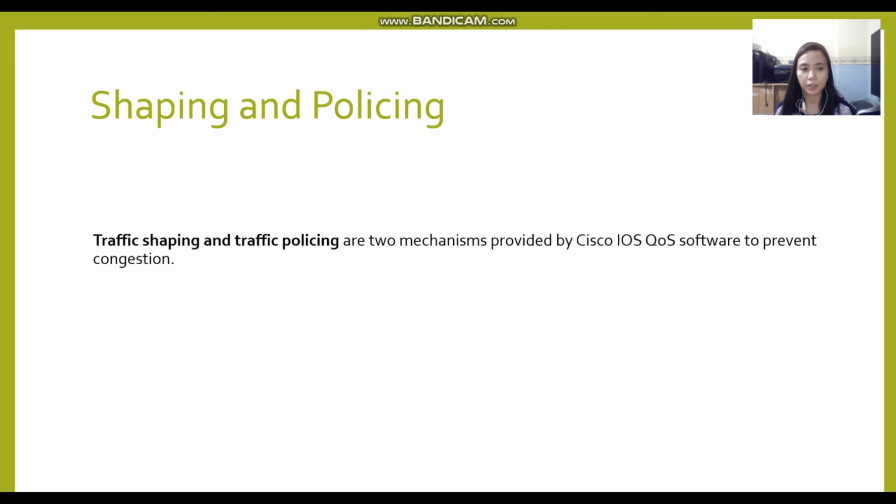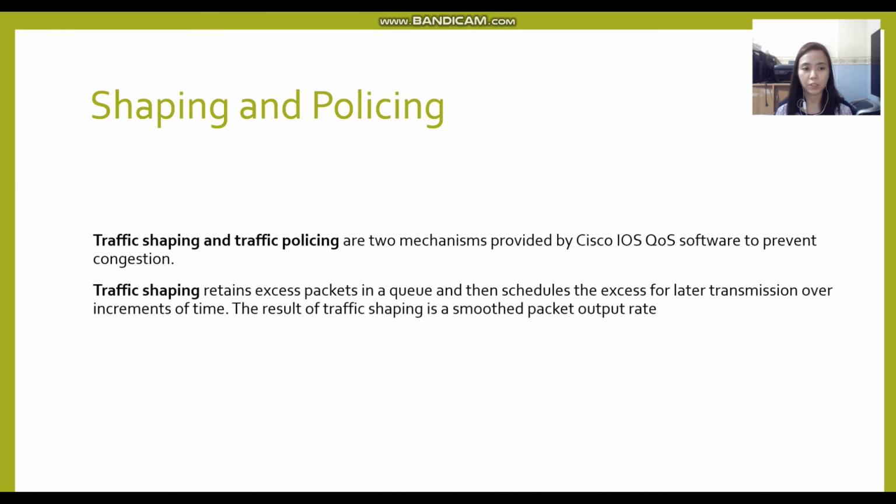Shaping and policing. Traffic shaping and policing are two mechanisms provided by Cisco IOS QoS software to prevent congestion. Traffic shaping retains excess packets in a queue and then schedules the excess for later transmission over increments of time. The result of traffic shaping is a smooth packet output rate.